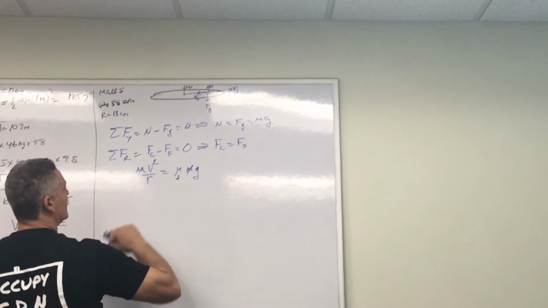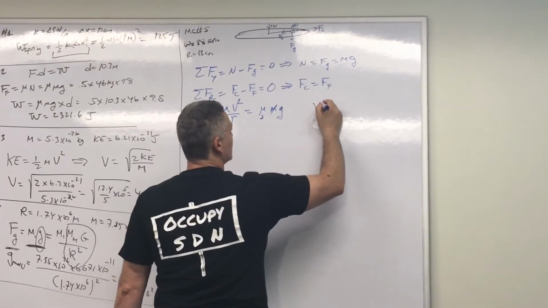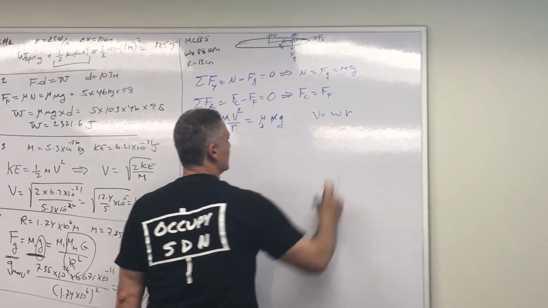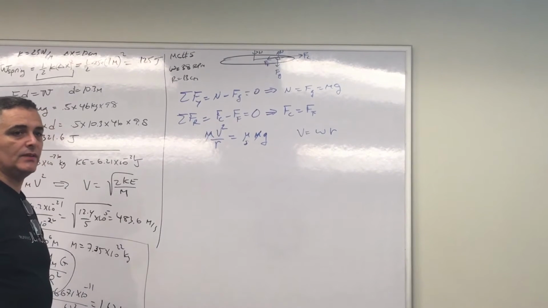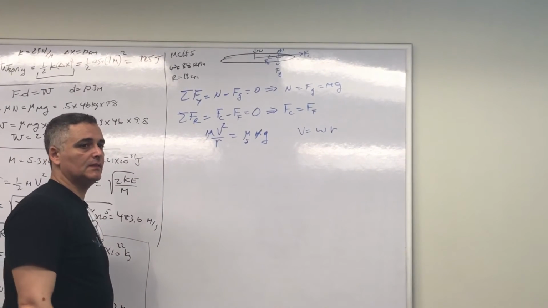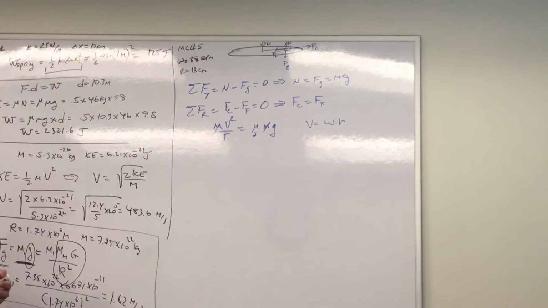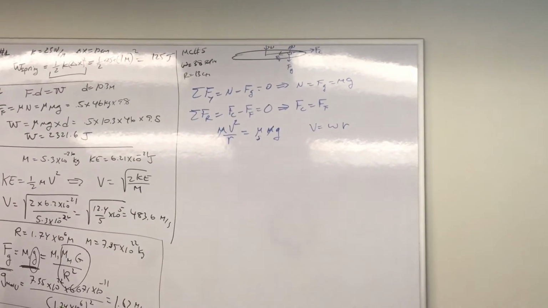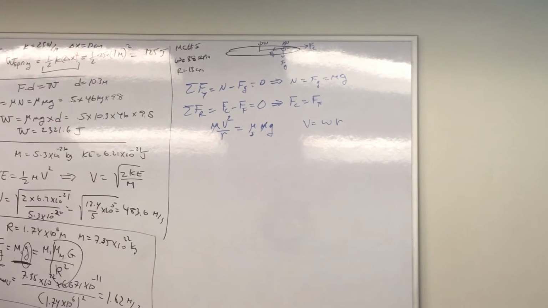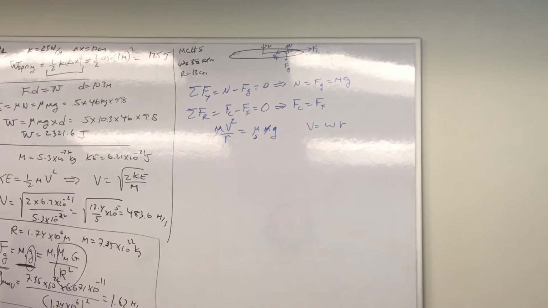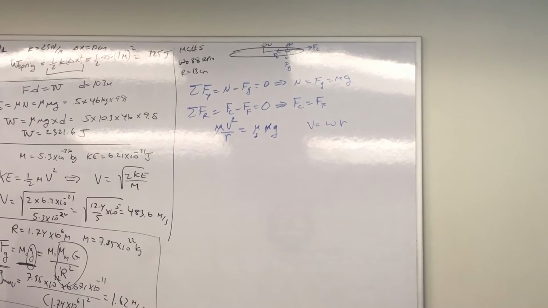So in here, now you have to remember this relationship. V was omega times r. You guys remember that? We have to memorize that, right? No, that's given. You don't have to memorize any formulas. You just have to memorize, or rather understand, methods. Mu is the coefficient of friction, it's a definition.